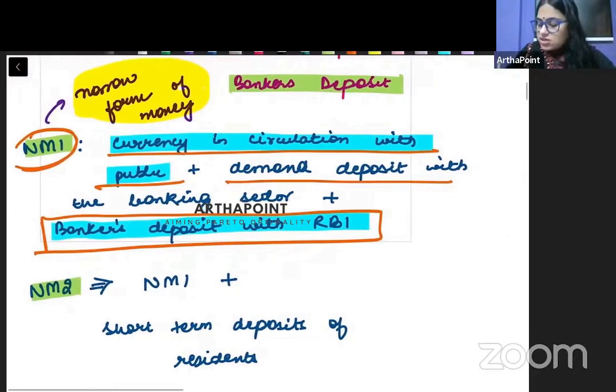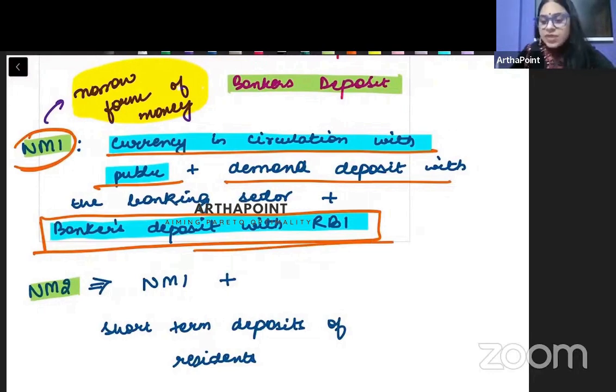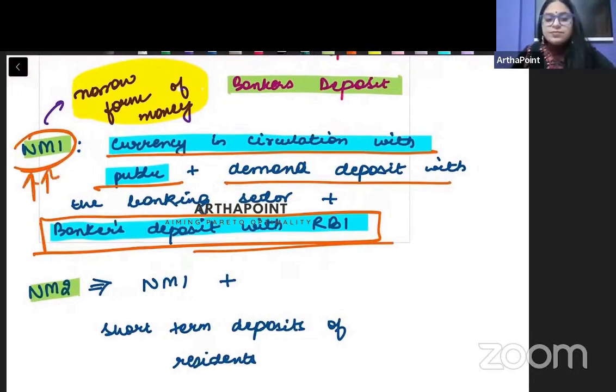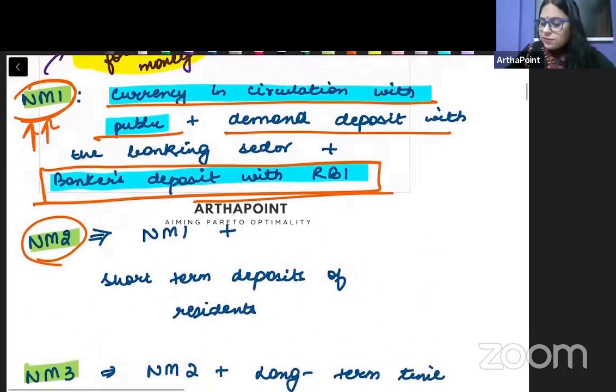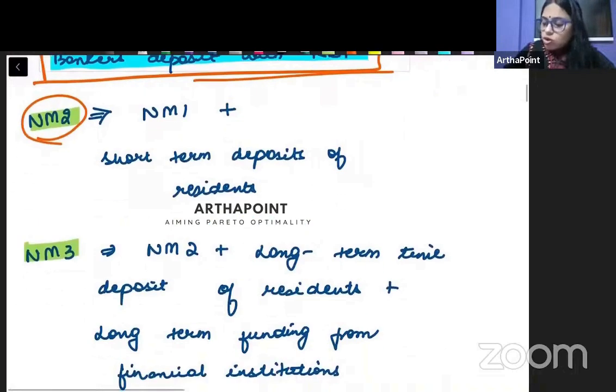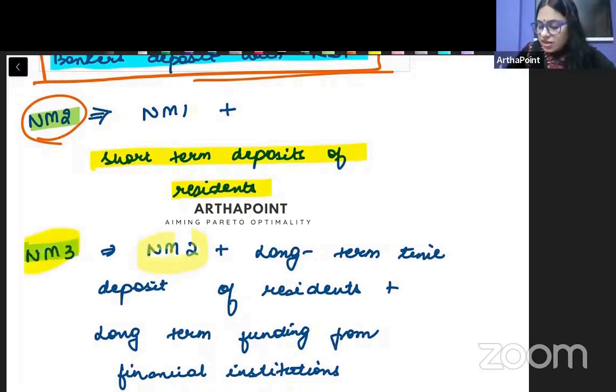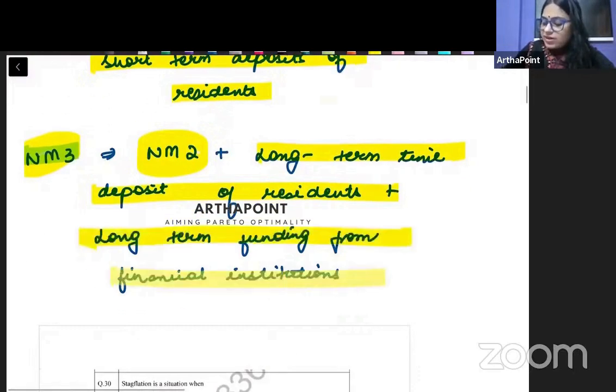So demand deposit and bankers' deposit with RBI. This became NM1. NM2, beta, is all components of NM1, but it also includes short-term deposits of the residents. And NM3 is everything in NM2, plus long-term deposits of the residents and long-term funding from the financial institutions. Clear हो गयी ये बात एकदम?